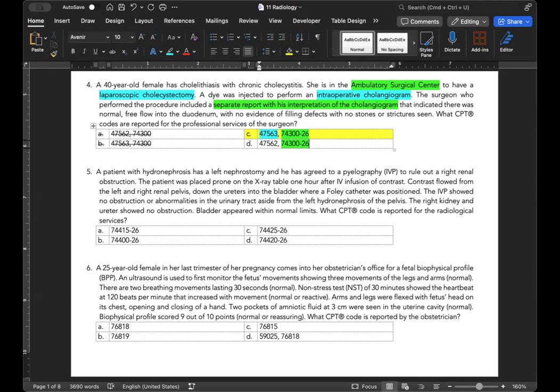So we did the IVP or the pyelography. And they did it with contrast. It showed no abnormalities, all of that. Okay. So yes, it would be the 74400.